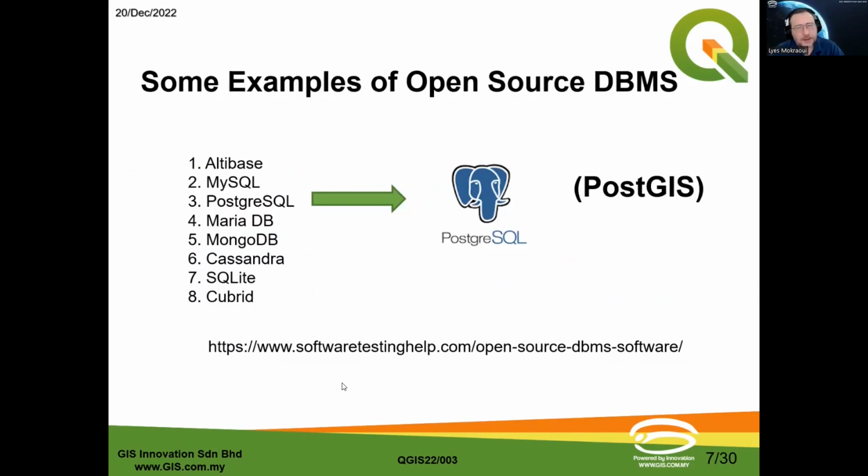Some examples of open source DBMS. There are a lot of open source DBMS in the market. The one that we are the most familiar with perhaps is MySQL, which has been around for a very long time, especially for web development.